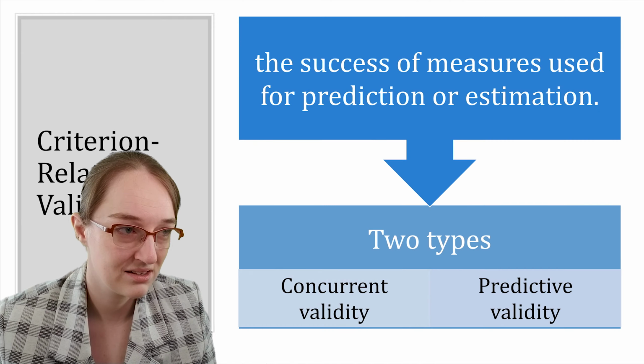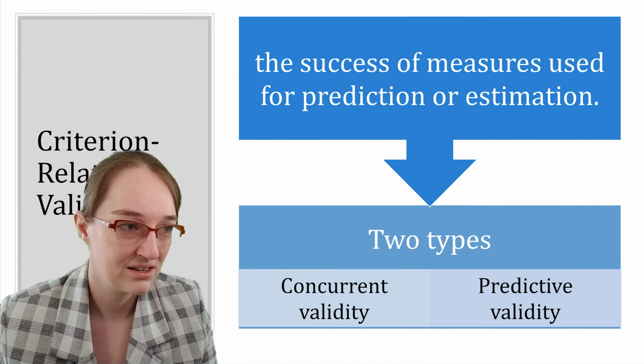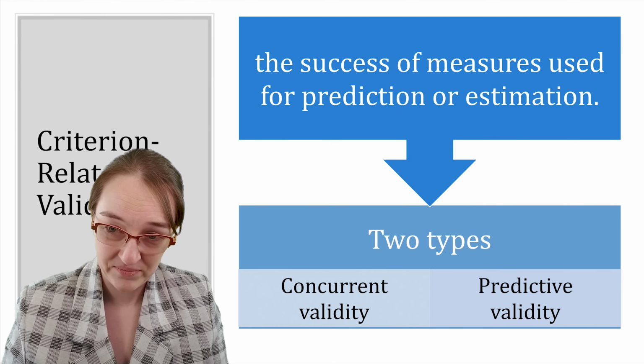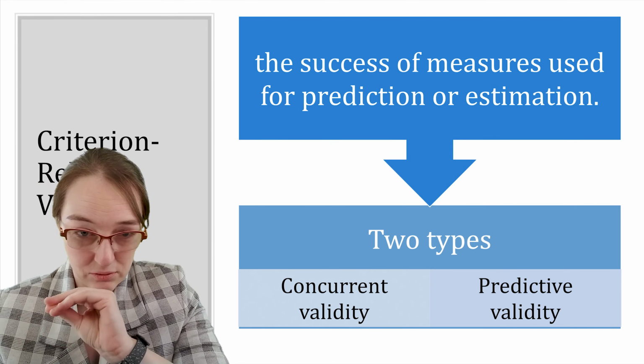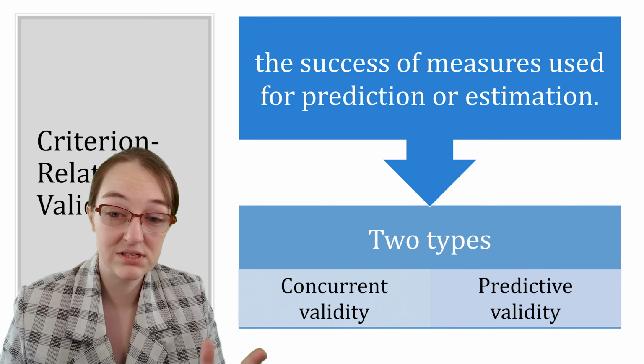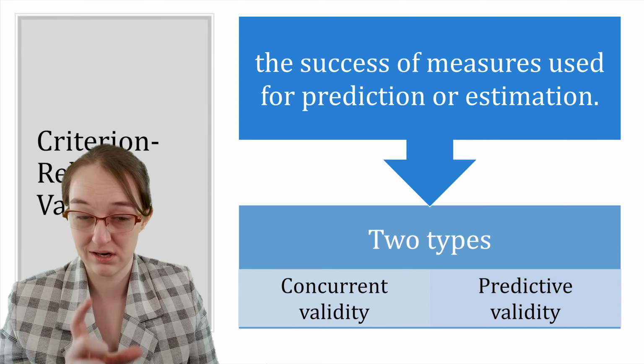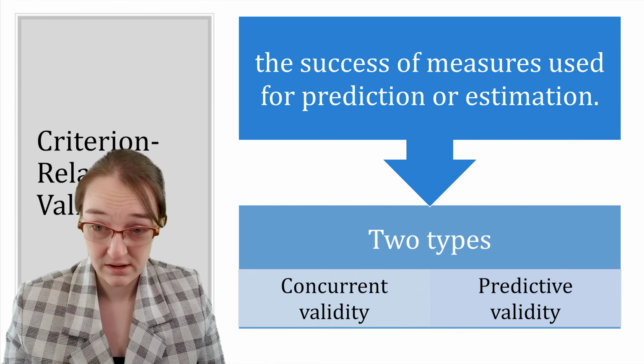Okay. So criterion validity is sometimes broken down a bit further into concurrent validity, where our test and the criterion are administered concurrently, so at the same time, or predictive validity, where our test is measured first and then can be used to make a prediction on a future criterion.